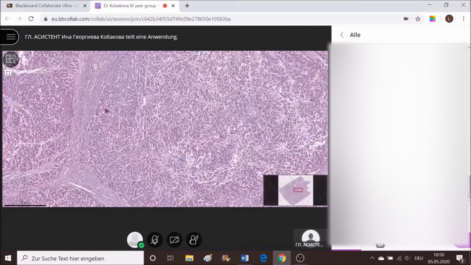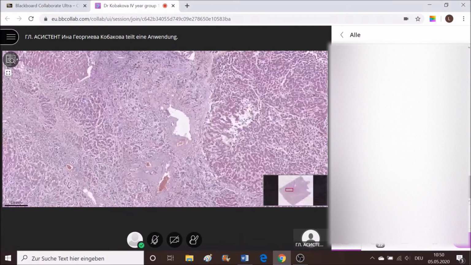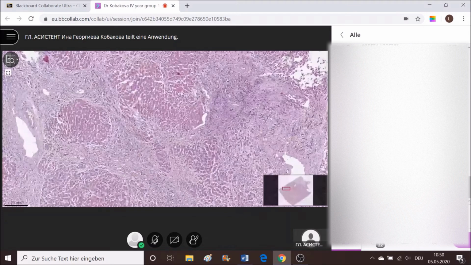What is the cirrhosis a complication of? What could it be due to? Hepatitis, okay. Portal hypertension, great, okay.